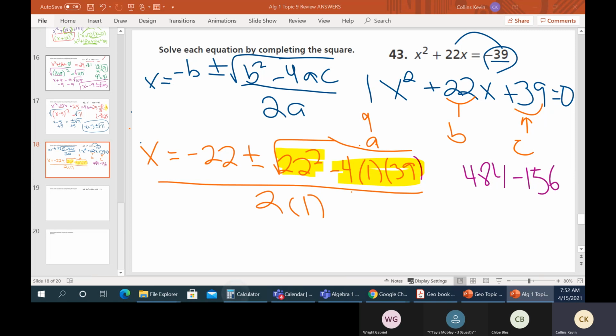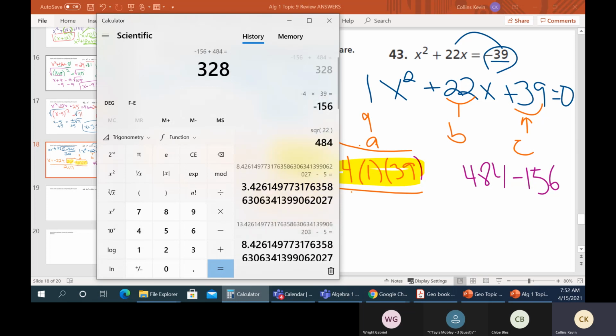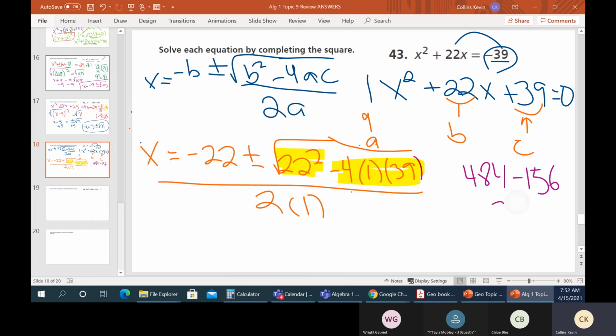Okay. So we need to add the 484 back in here. So that's 328. So then we're going to have x equals negative 22 plus or minus the square root of 328 and all that stuff over 2.